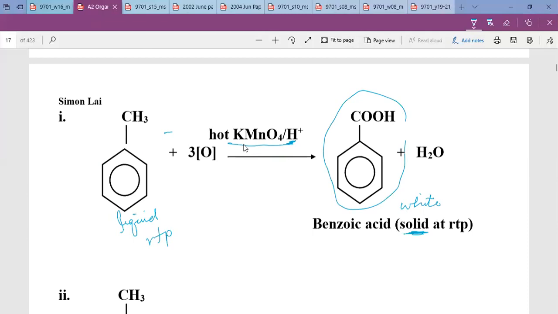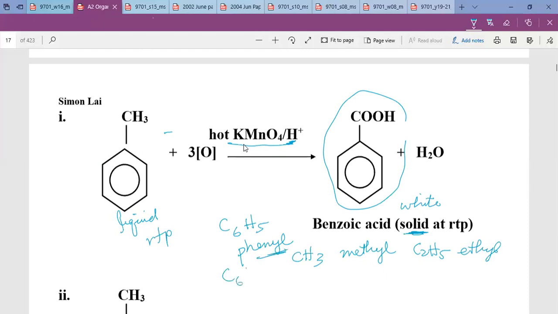I told you when it's C6H5 here, it's called phenyl, P-H-E-N-Y-L, okay? Like your CH3 is called what? It's called methyl. These are the names for your alkyl groups. If C2H5, it's called what? Ethyl, okay, and so forth. If it's C6H5, it's called phenyl.